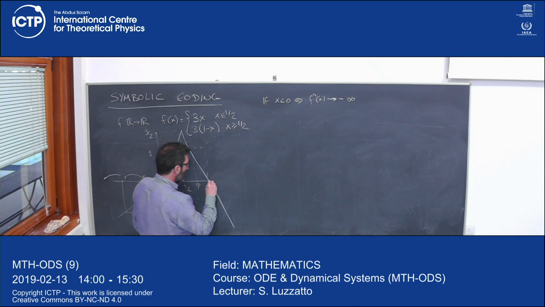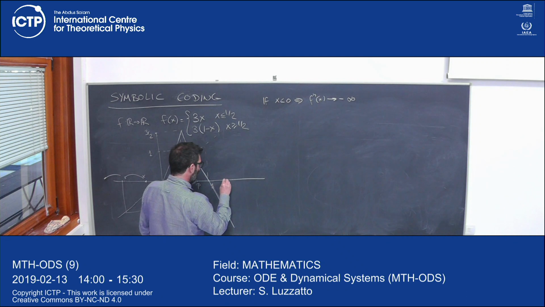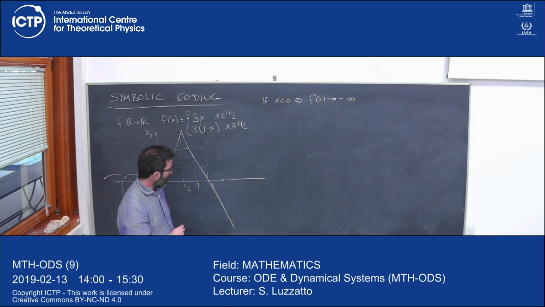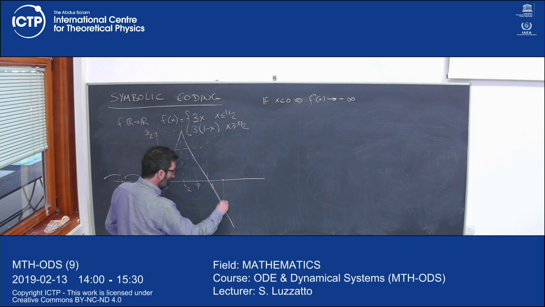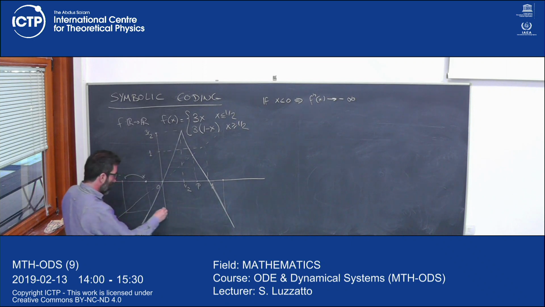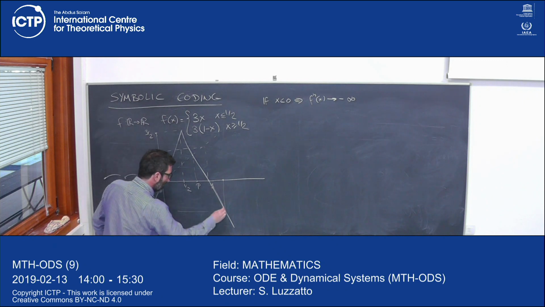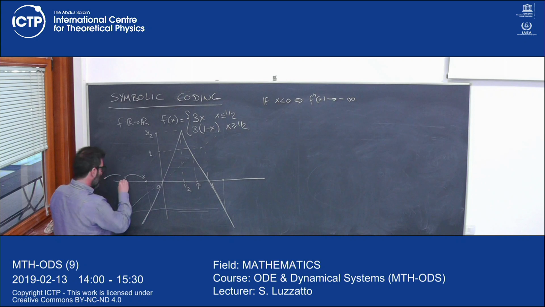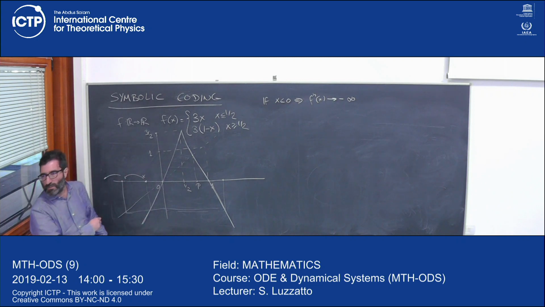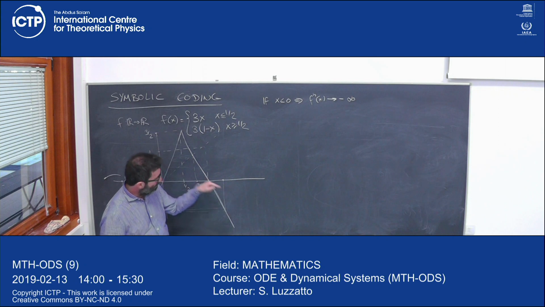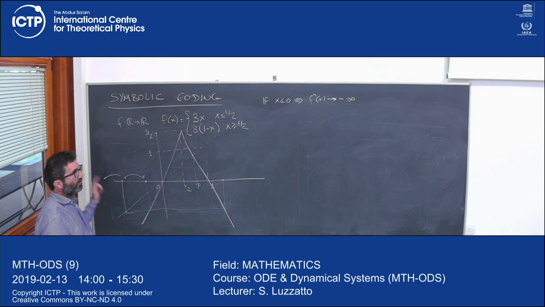What happens if x is bigger than 1? Take a point here. Then its image is negative, right? Because the graph is below the x-axis, so its image is negative. So this point here is just the same point here, which means it maps to here, which means that it also maps to minus infinity. Okay, so all the points bigger than 1, after the first iteration, map to something negative, and then they move to minus infinity.